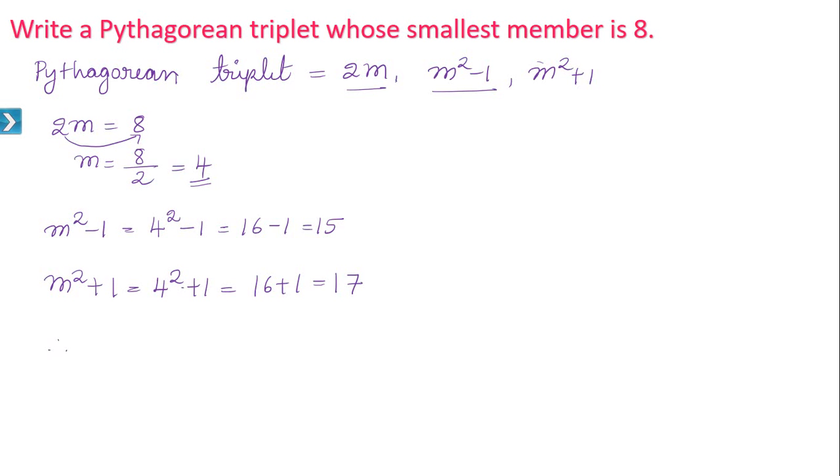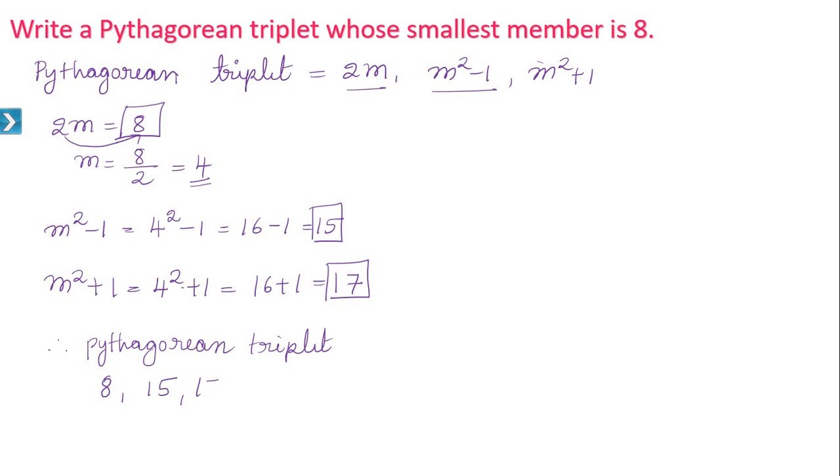Therefore, the Pythagorean triplet is 8, 15 and 17.